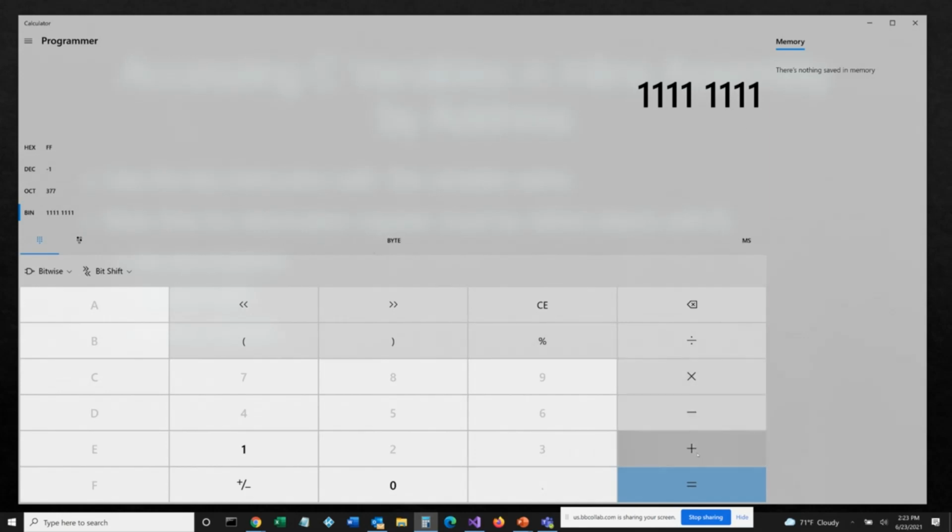Now, if we were to add 1 to that, look at what happened. I had a whole bunch of bits, and I added 1 to it, and it went to 0. What's happening there?